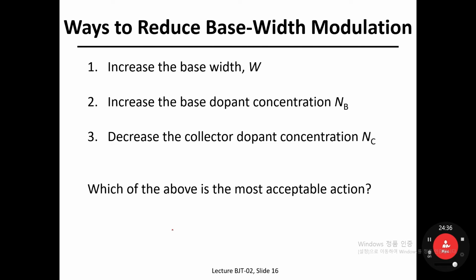How to do that? Please take your own time. I'm going to give you maybe a few minutes to come up with your own idea on how to suppress base width modulation.